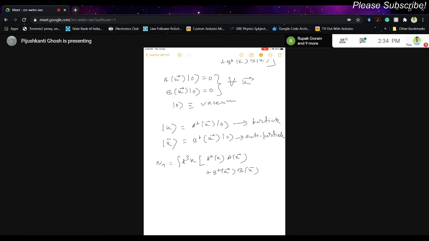This part you can again divide into two parts: N_T, and N_P, N_AP.